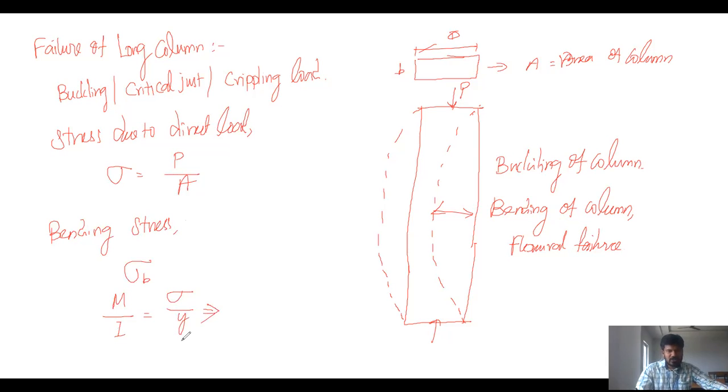So by using this, we can get, I by Y is nothing but Z. So sigma B is equal to P into E by Z, whereas E is nothing but eccentricity of load, and Z is nothing but modulus of section.